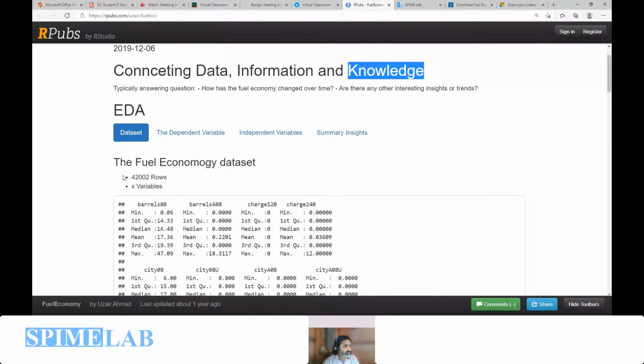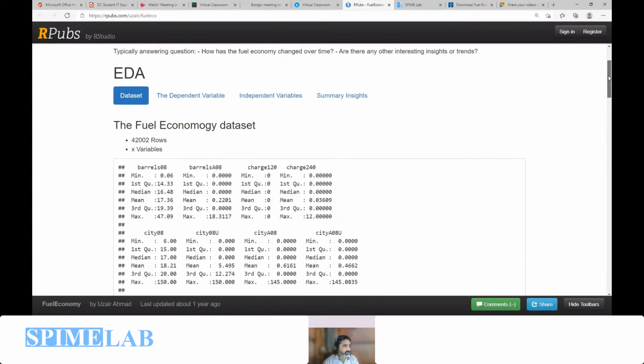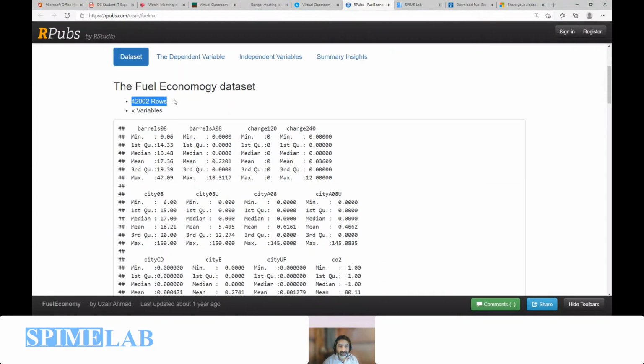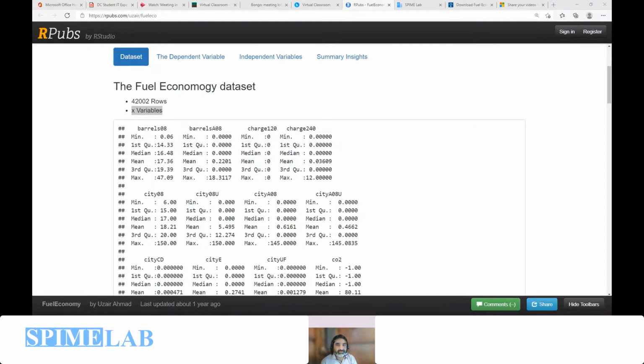You start by having a summary of the data set in terms of how many rows there are and how many columns, variables, and instances or examples. So here we are looking at individual variables in terms of their distribution captured by 5 key statistics.